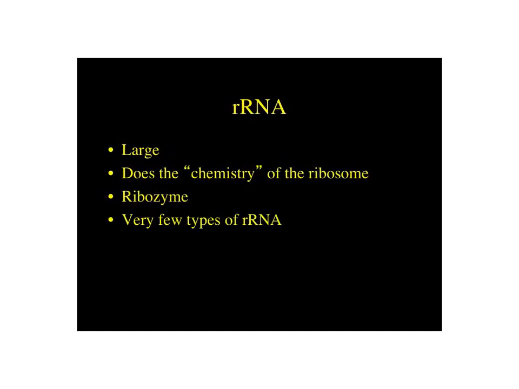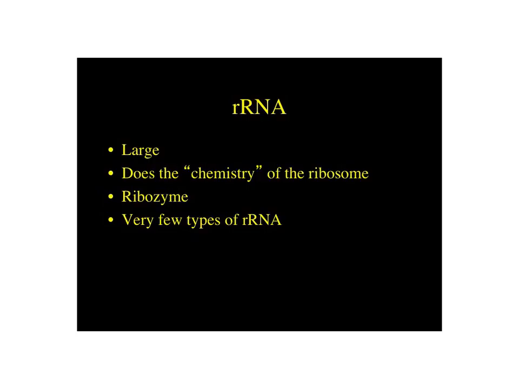This is the rRNA, or ribosomal RNA, and it's large. Whenever they come together, it's going to be large, and it is truly a ribozyme in the sense that the RNA components are what is involved in the chemistry of the reaction. The proteins are ancillary to that. There are very few types of rRNA. For tRNA, there are lots of types.